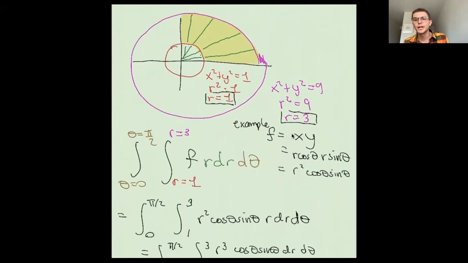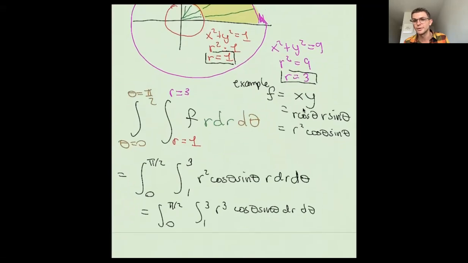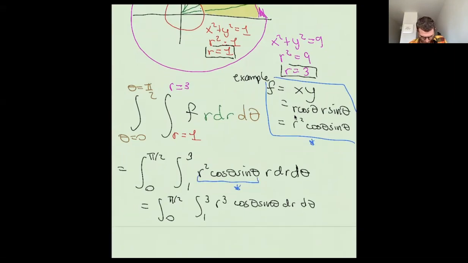But the idea is that you cannot put x times y inside the integral, because you should put everything in terms of r and theta. So what I did was rewrite x and y in polar coordinates. Is that making sense? Okay, I got it. Thank you. So here's what I'm doing, just to have something concrete.